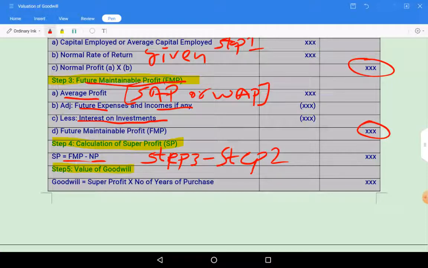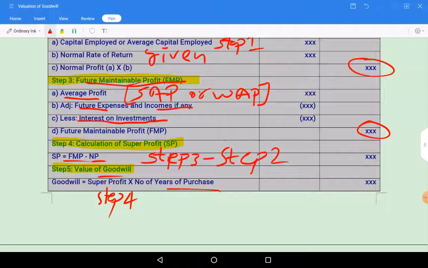Lastly, value of goodwill. Goodwill is equal to super profit, that you have calculated in step 4, into number of years of purchase. This will be given in the question. That's it. This is how we need to calculate goodwill under the super profit method.